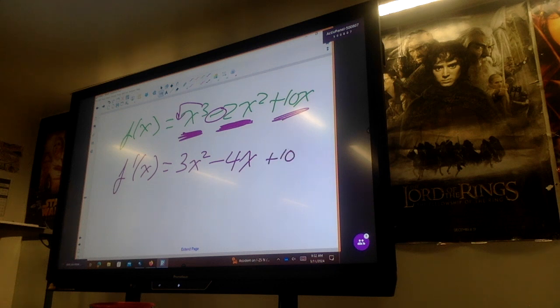So the rules on a derivative, for a basic derivative: take the exponent out front, multiply if a number's already there.